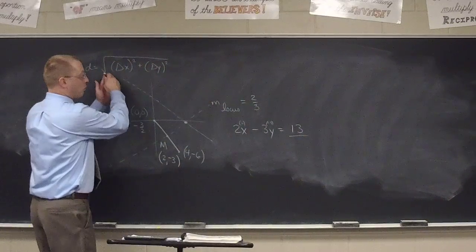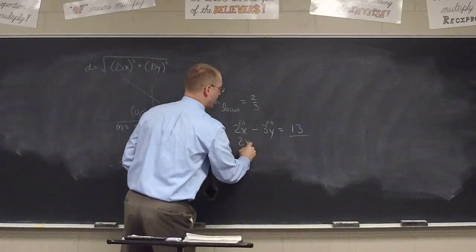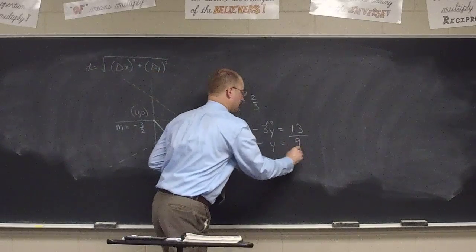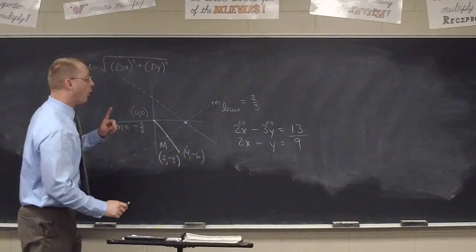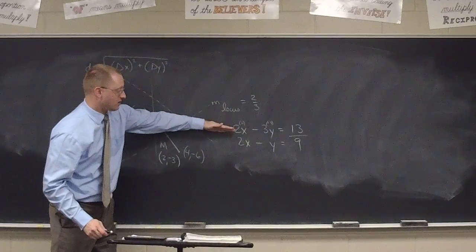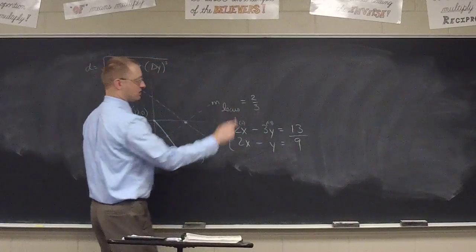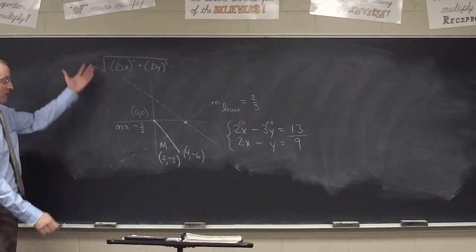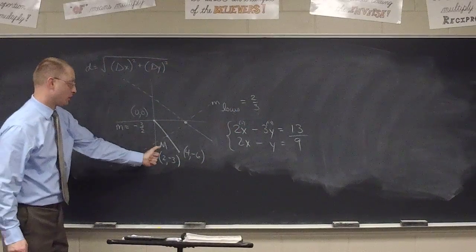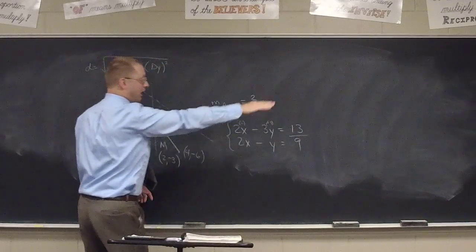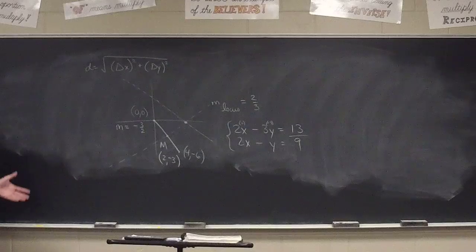The other locus was this other line, 2x minus y equals 9. How do I find the point where this first locus meets the second locus? System of equations. We did it all without distance equals distance because I can find midpoint very quickly, I can find slope, I can find perpendicular, I can go in the general form, all of it very, very quickly.